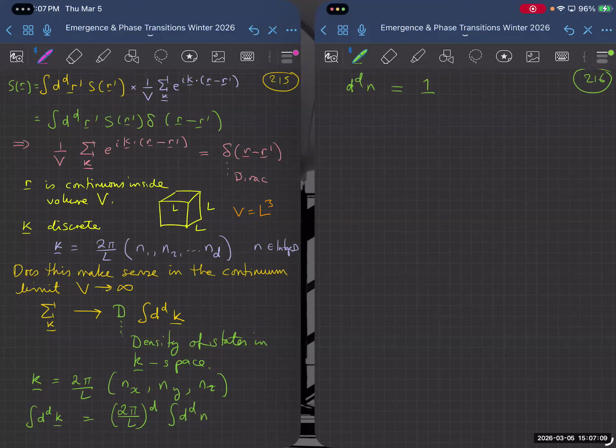So the transformation between dk and dn is dk equals (2 pi over L) to the power d dn. And so the sum over k becomes V over (2 pi) to the power d times the integral d^d k.